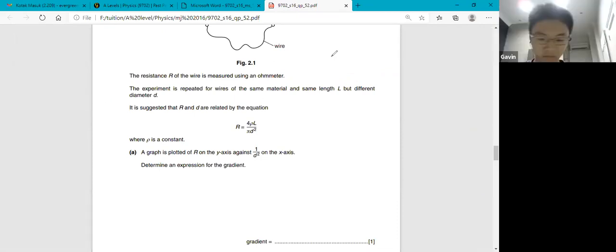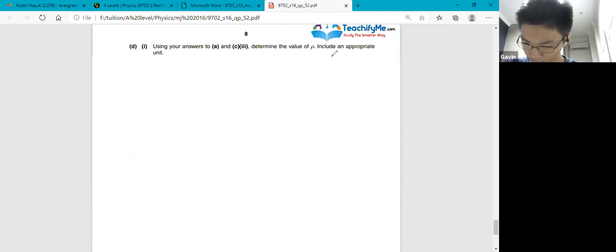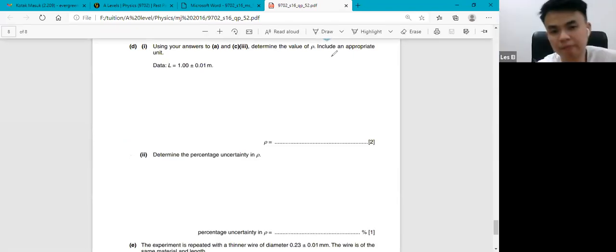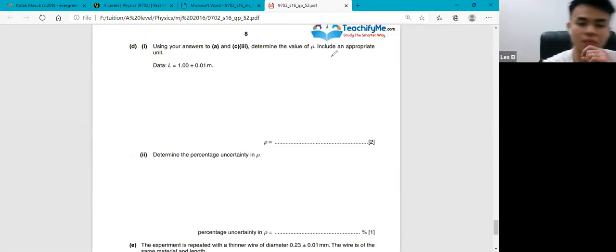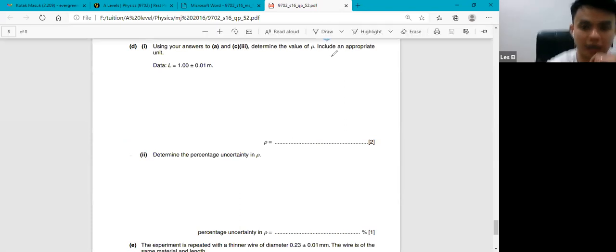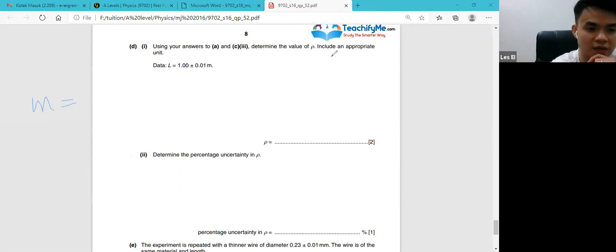Okay, now I want to continue to DI. For DI, just now your gradient is equal to 4 times the resistivity times length over pi.